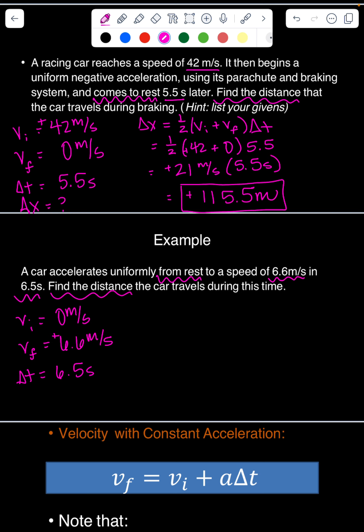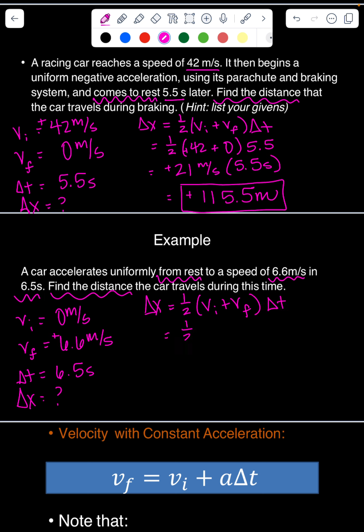I ask you to find the distance. So what we are looking for is our displacement. Yet again, we are missing our acceleration. So the only equation that we can use at this point is that first one. So delta x is equal to 1/2 times v initial plus v final times delta t.